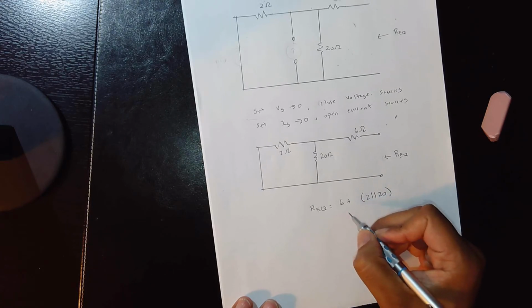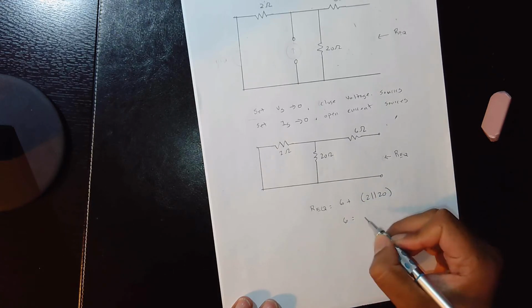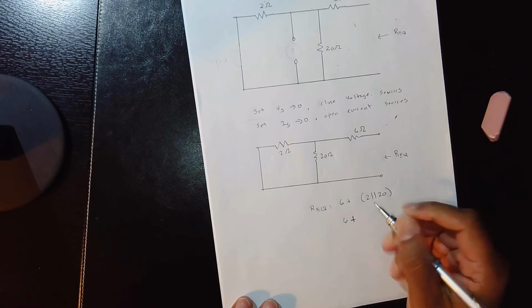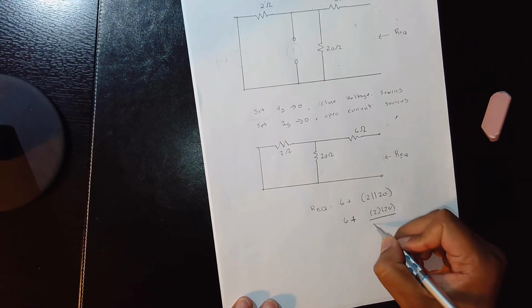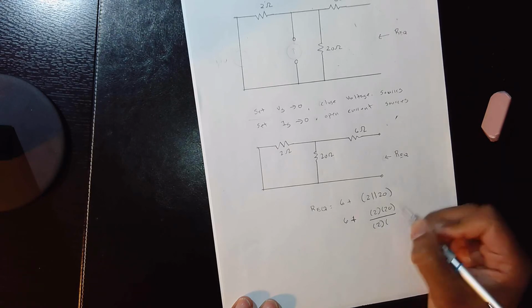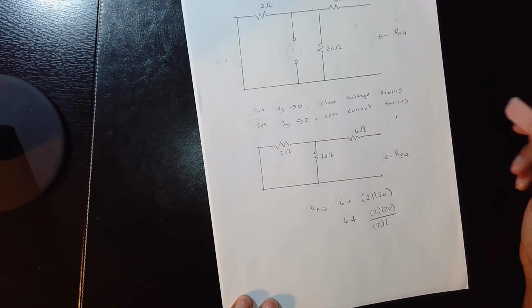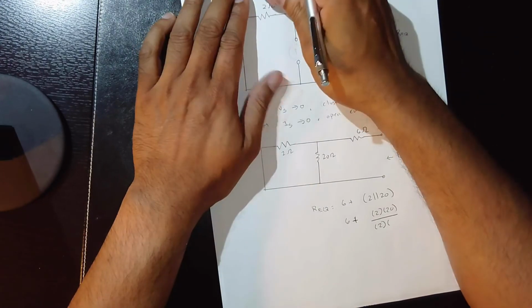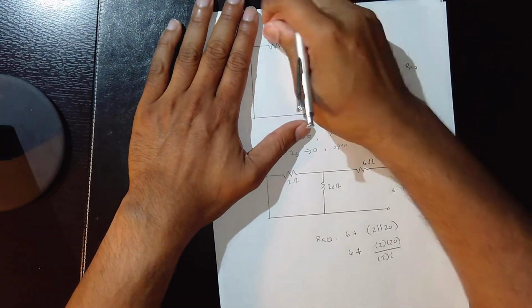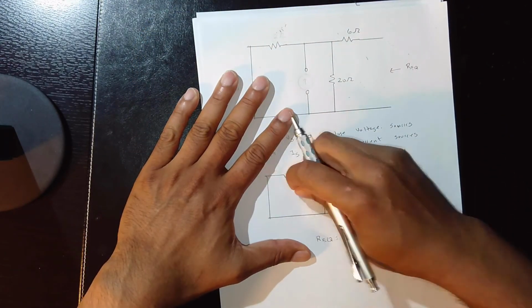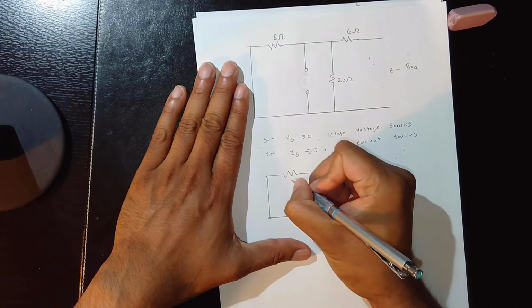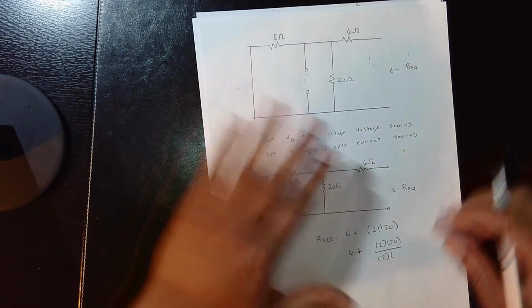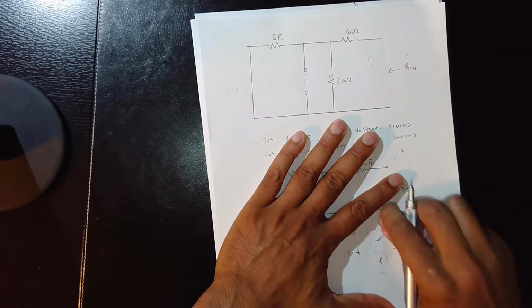So this is equal to 6 plus 2 times 20 over 2 plus 20. I'm sorry, this is not a 2. Again, I keep making an error. I'm going to go back and readjust this. I keep misprinting this. This is a 5, just like that. I apologize. Let me redo this again.